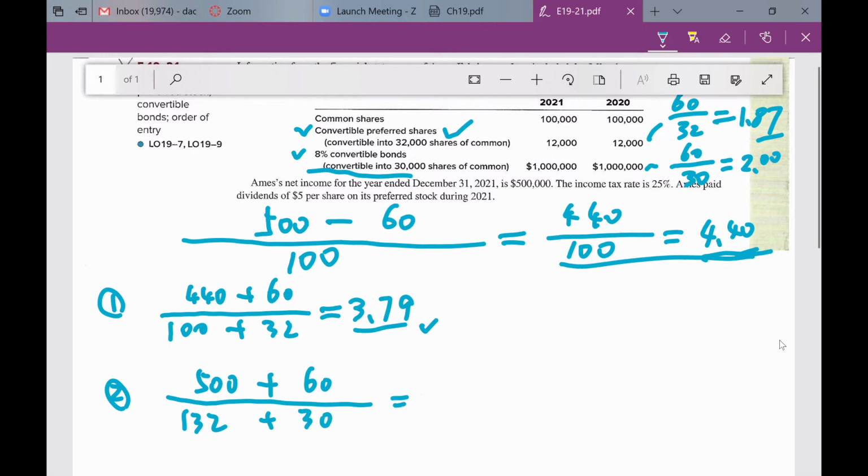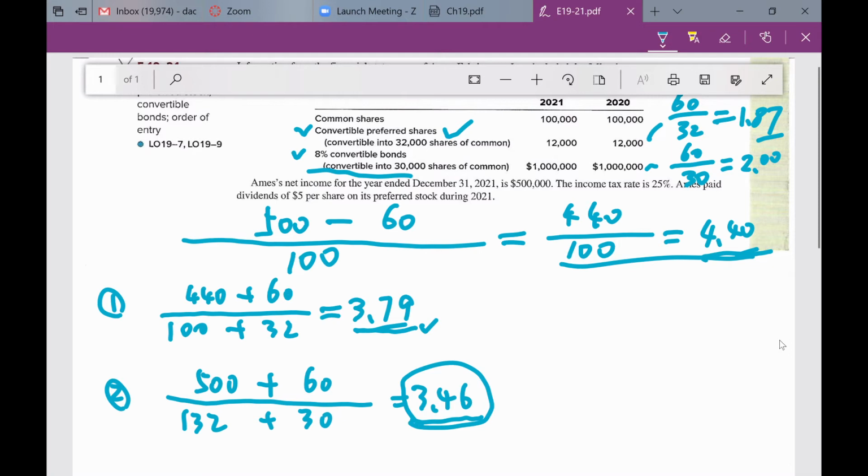So we have 560 divided by 162, and we got 3.46. Then you compare this 3.46 with 3.79. Which one is lower? This is lower, so this is going to be the final number.